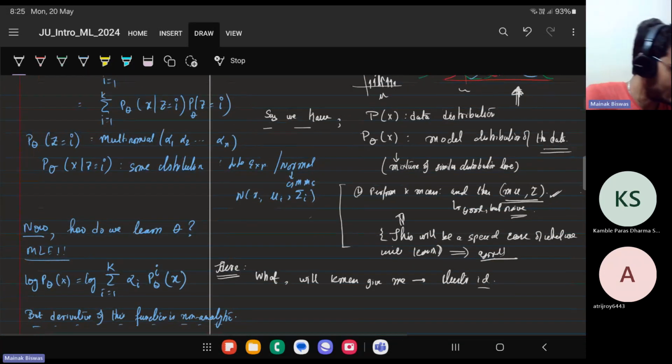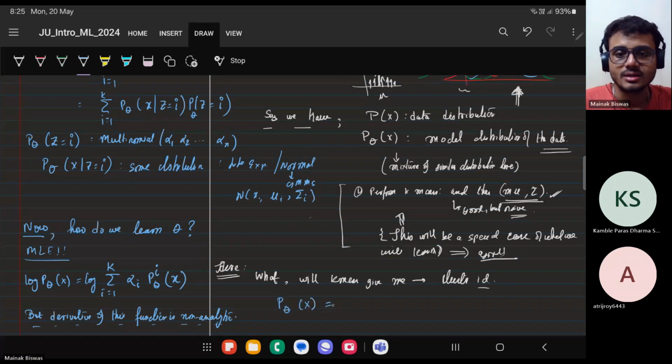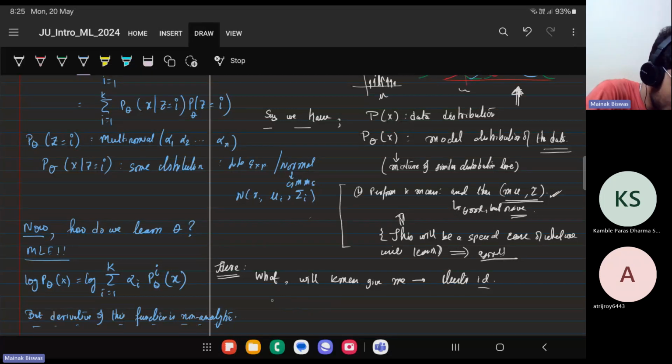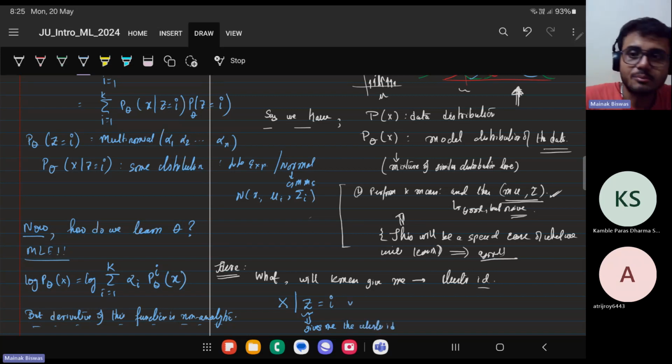So exactly that I'll be doing. P theta of X is the model distribution, I do not know it, so for the time being do not consider this. If I know the cluster ID, say Z gives me the cluster ID, I can model a distribution, say normal mu i, sigma i, right?